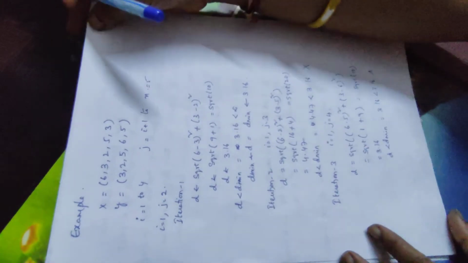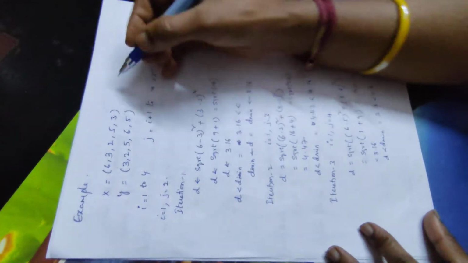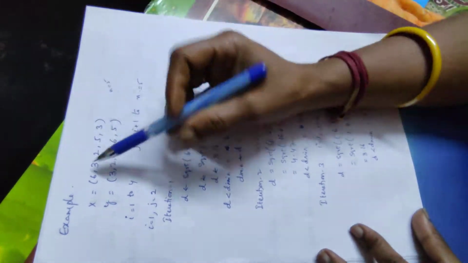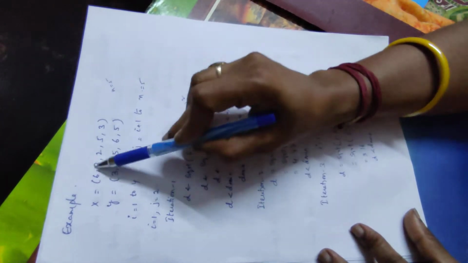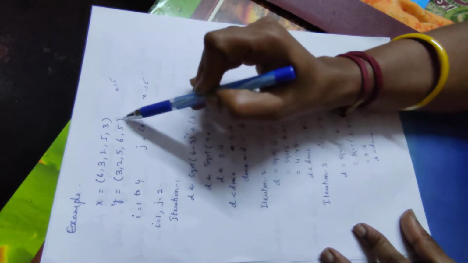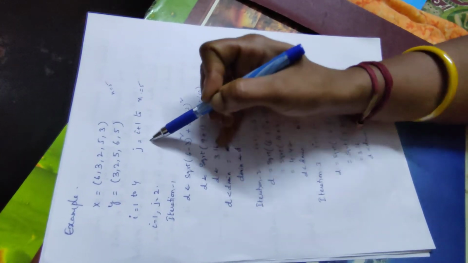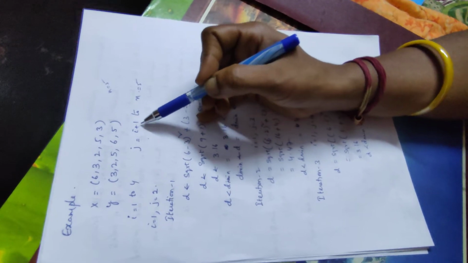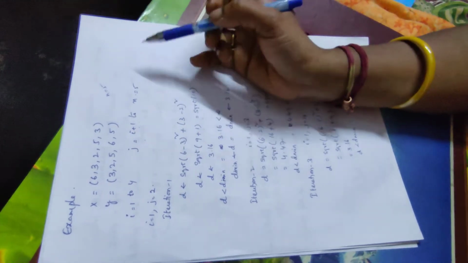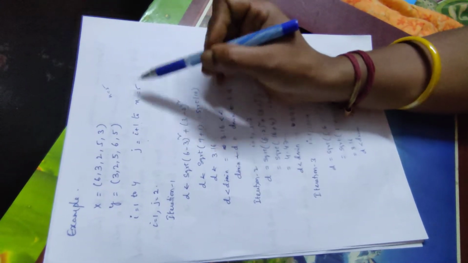We'll go with a simple example. I'll take my n value as 5, so I have 5 values in x and 5 values in y. Your i runs from 1 to 4, and internally your j runs from i plus 1 to 5, because it runs from i plus 1 to n only.